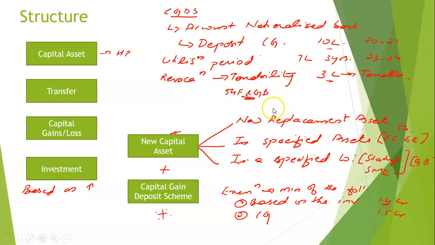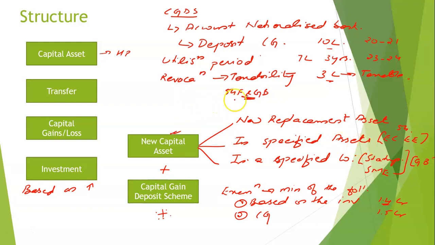You will see further notes coming in and you will be able to figure out that 54F and 54GB have some special scenarios or special methods by which you find out the exemption available and the taxable amount applicable upon non-fulfillment of the utilization clause. So clear? Yeah. So that's it for the structure.